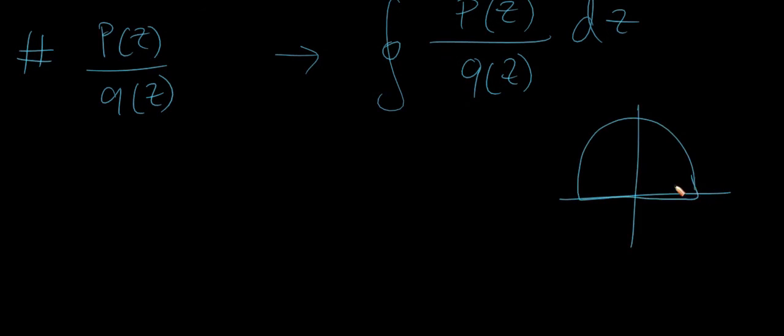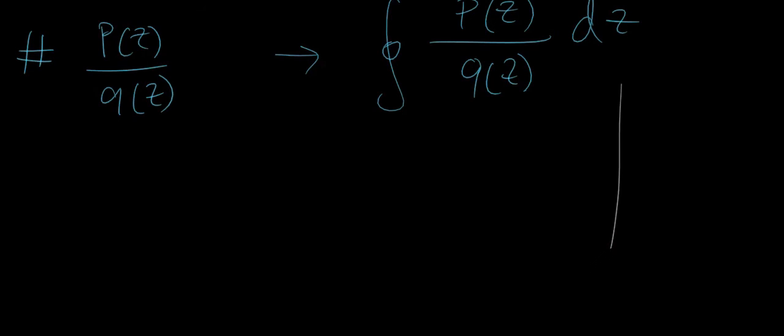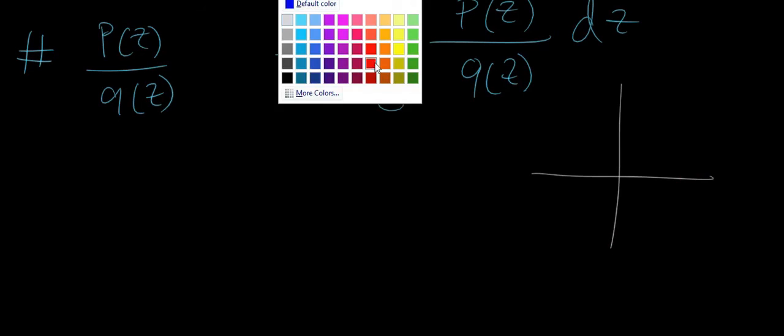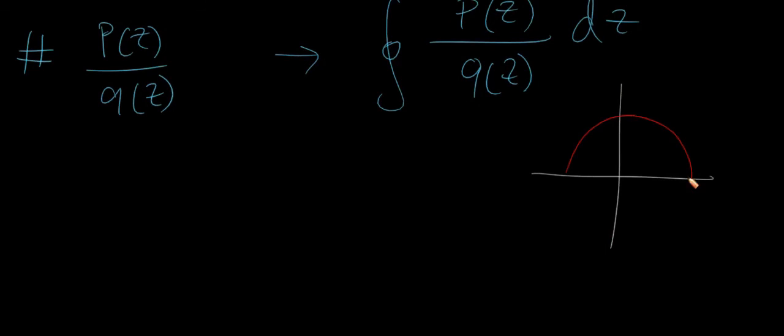There is a semicircular arc, okay, let me use another color. This is the contour that we are considering, and we want to know whether the contribution from this C_R, the semicircular arc, goes to 0 or not.